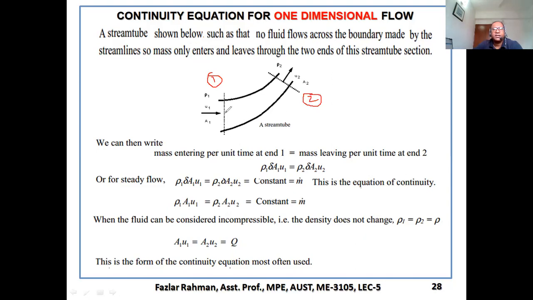The water entering over here in section 1, how much? M dot in will be M dot out, right?